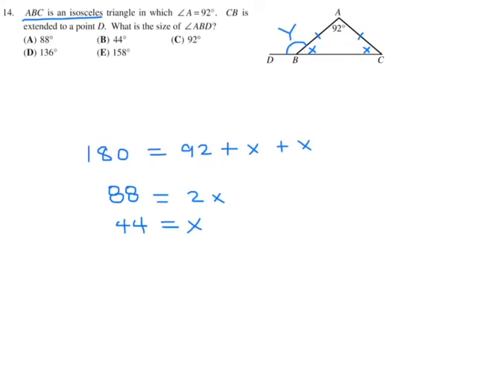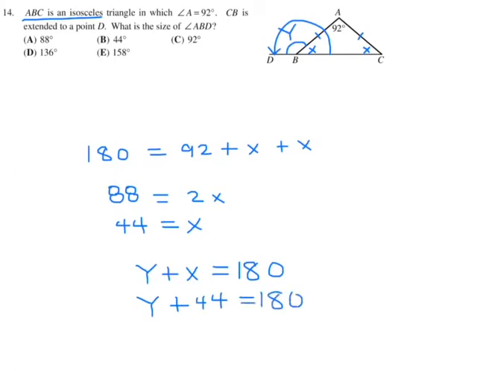So now, if we look at this part here, you'll see that the angles x and y, because they're on the same line, they will add up to 180. So y plus x is equal to 180. And therefore, y plus 44 is 180, so y is equal to 136. So the answer here would be D.